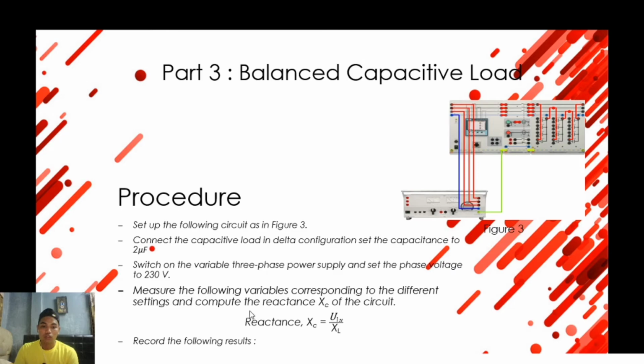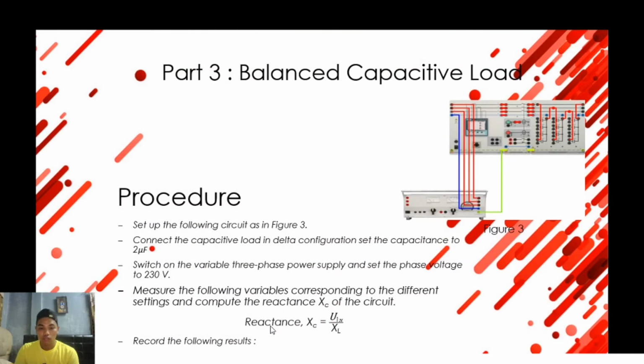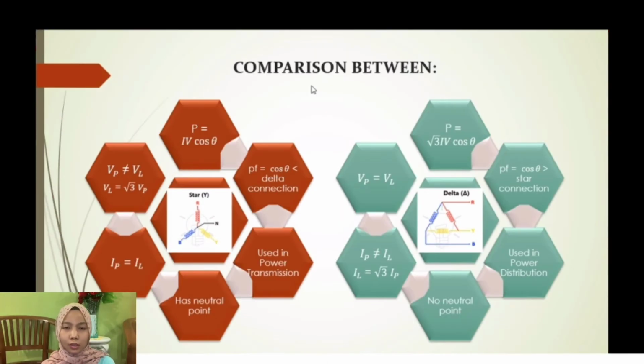We rearrange it so that XC is equal to U line 1N divided by IC. That's how you get the value of XC.